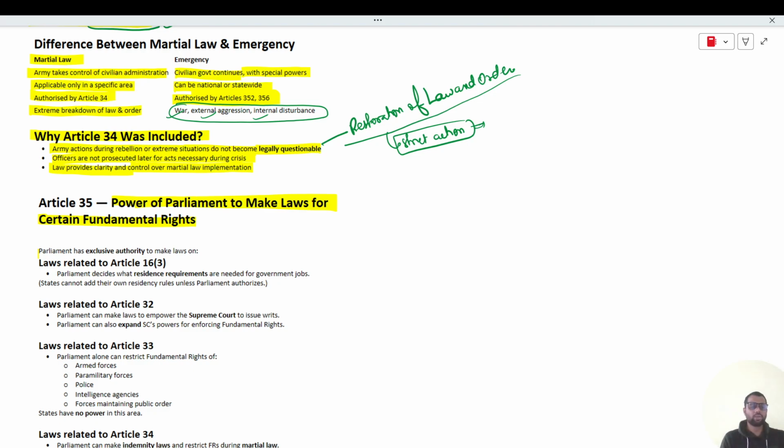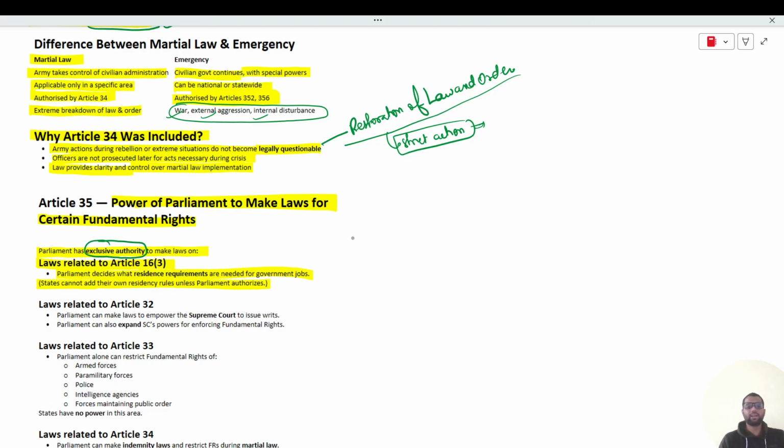Parliament has exclusive authority, meaning no other body has the authority to make law. Parliament is exclusively responsible for making laws related to Article 16, Clause 3, that is, deciding what residence requirements are needed for government jobs. States cannot make their own residency rules unless Parliament authorizes.